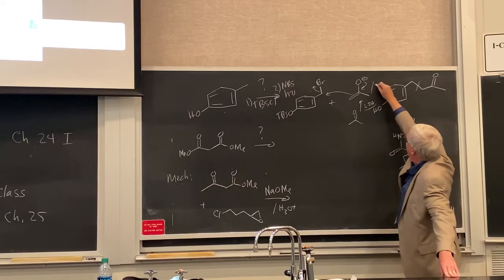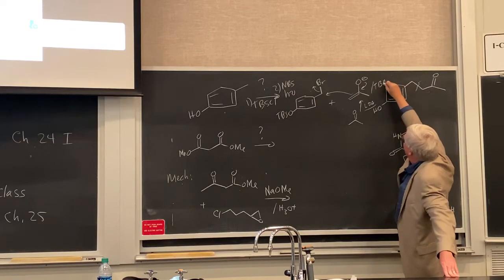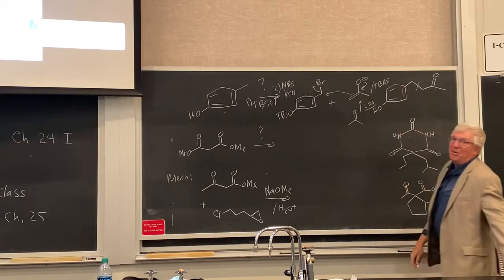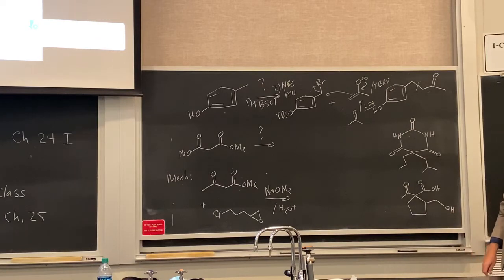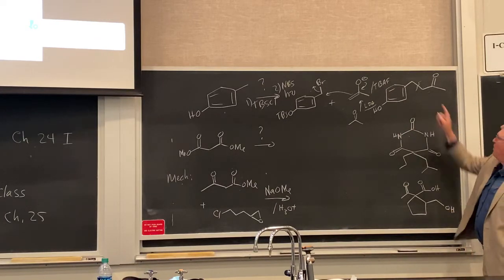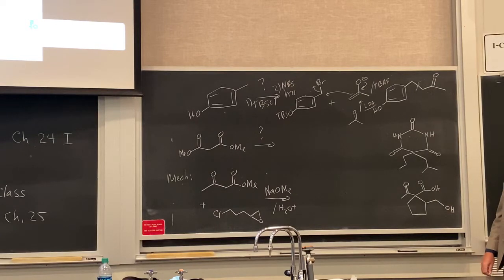We'd have to add in TBAF, the tetrabutylammonium fluoride, that will take off the TBS group. Anyway, that's how raspberry ketone is made. It's made on large scale, and a number of companies are interested in commercializing that as a health beneficial essential oil type compound.